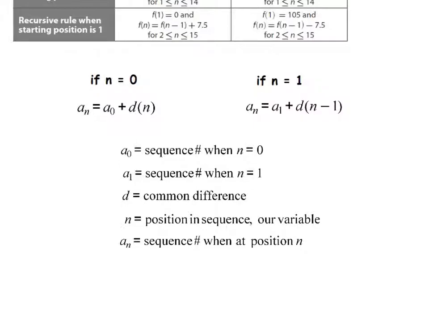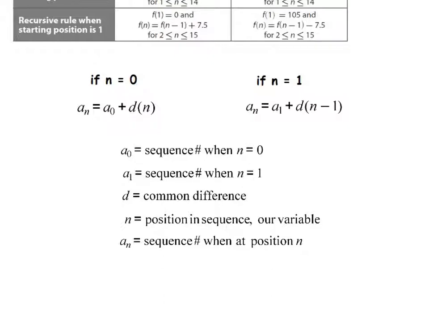Typically, sequences all start with n equals 1, right? If you think of a sequence, you've got the first position, second position, and so forth. Typically, we don't talk about the 0th position, but once in a while, you do have some sequences where n equals 0, that you're starting at 0.